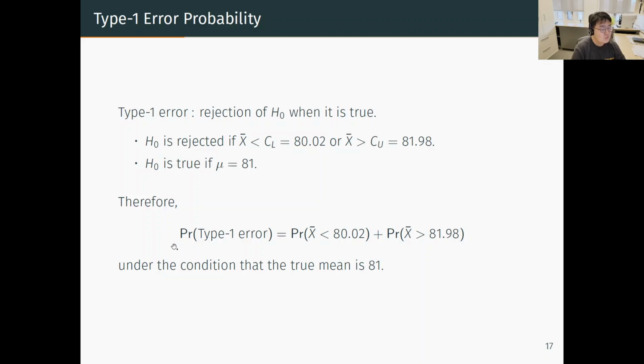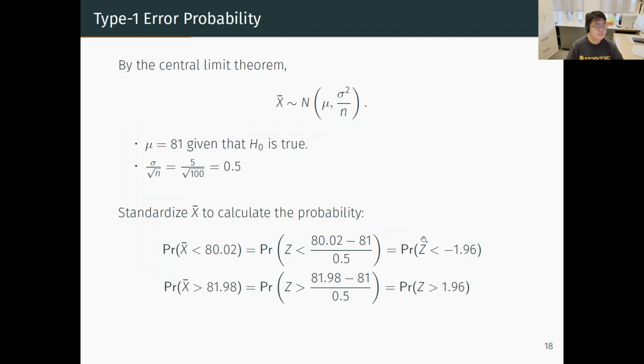Therefore, our type 1 error probability can be calculated like this, right? Under the condition that the true mean is 81, this is what we are going to calculate. Your type 1 error probability is the rejection probability, but rejection happens when this happens. It's actually a tail probability, the tail probability outside critical values.